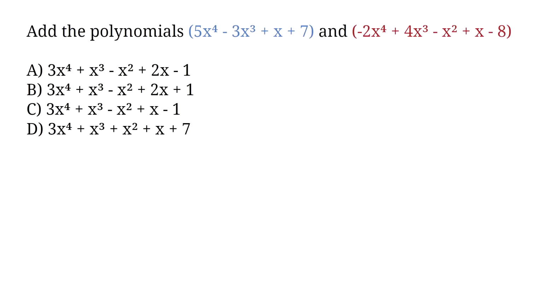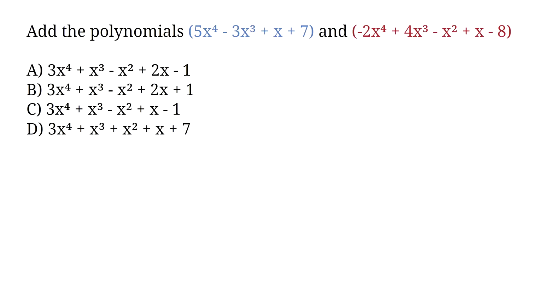B. 3x exponent 4 plus x cubed minus x squared plus 2x plus 1. C. 3x exponent 4 plus x cubed minus x squared plus x minus 1. D. 3x exponent 4 plus x cubed plus x squared plus x plus 7.